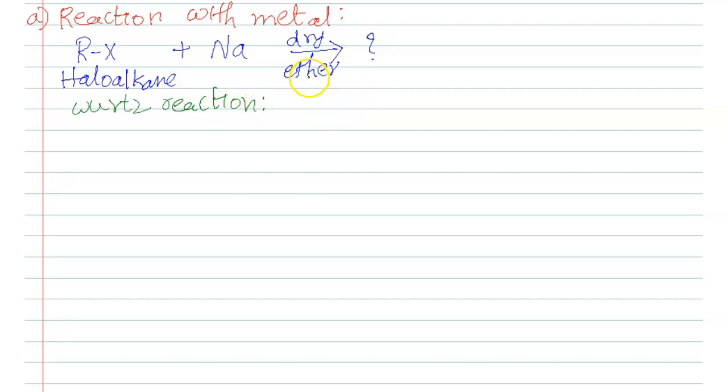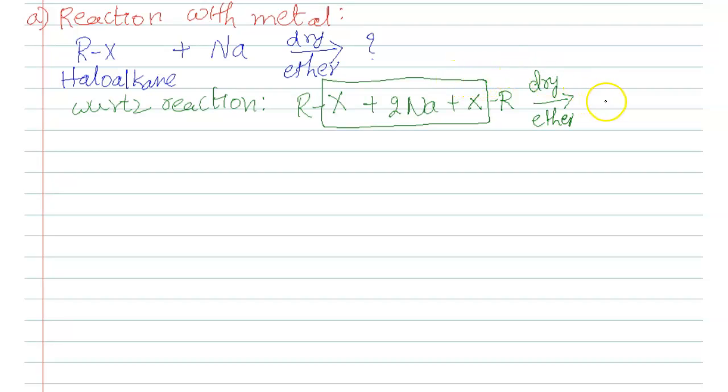Wurtz reaction means RX plus 2 moles of sodium plus another RX in presence of dry ether gives 2NaX, and the remaining R bond R. So this is the Wurtz reaction. R bond R is one type of alkane. Here we take haloalkane and get alkane.